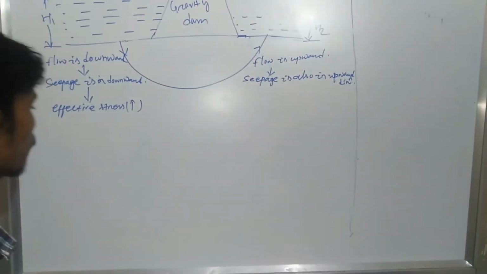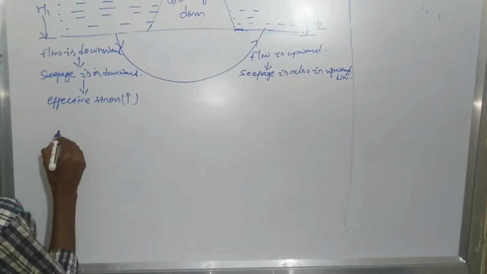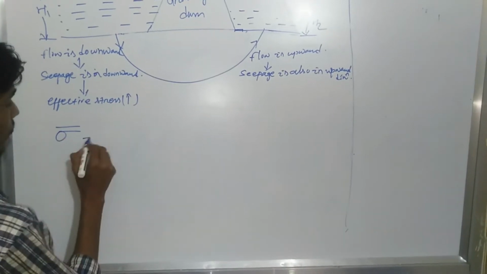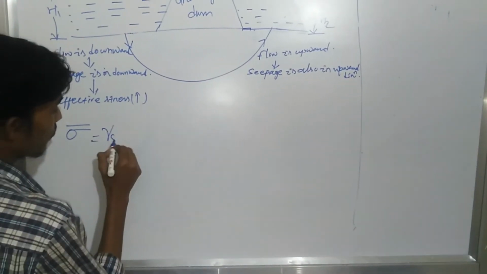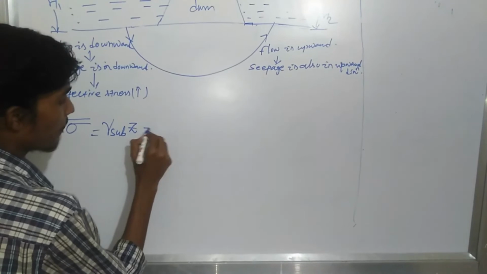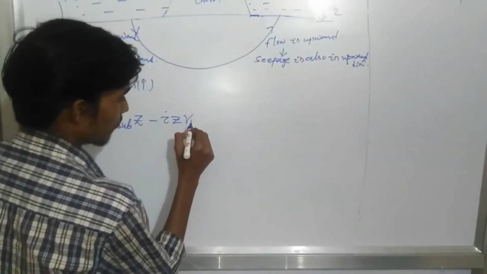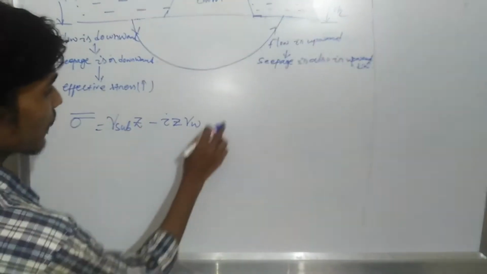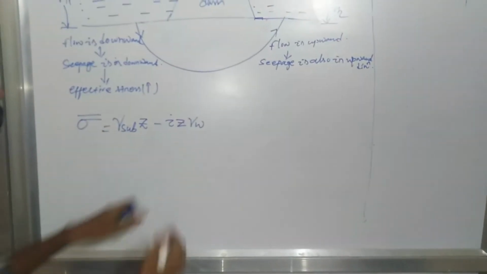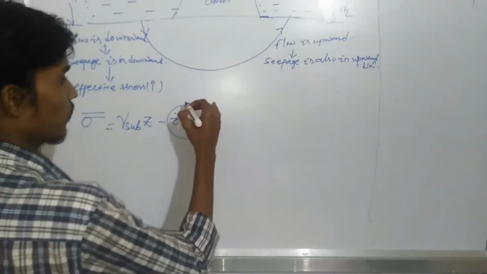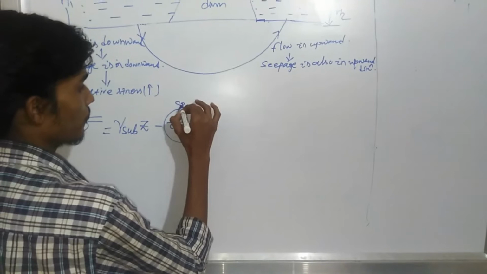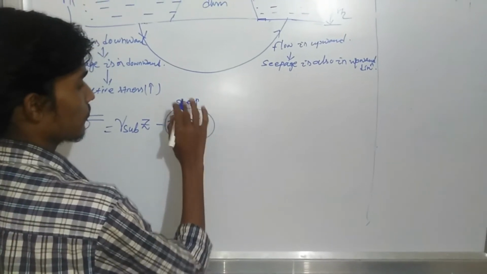In upward flow condition, effective stress is the submerged unit weight of soil times Z minus i Z gamma W, where i Z gamma W is the term we call the seepage pressure.